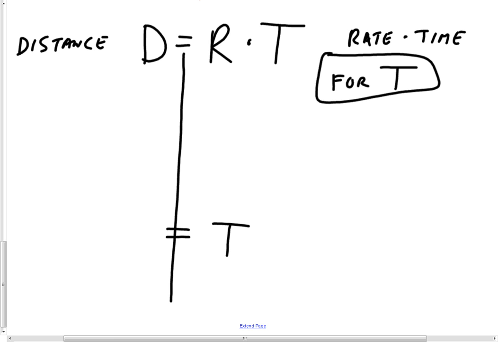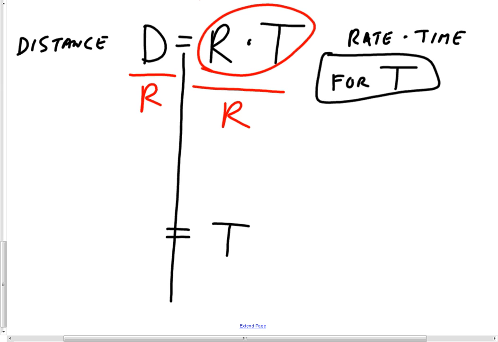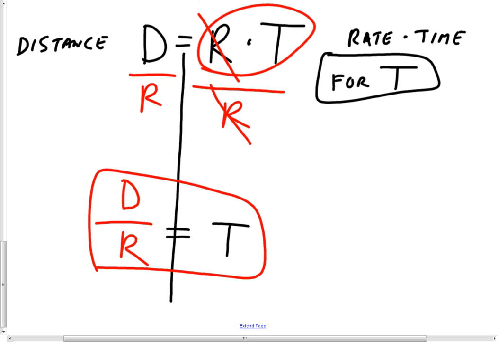How am I going to get t all by itself? Divide by R. I'm done. Now, if I'm in a physics class, I have a formula for time. I know it's distance divided by the rate.